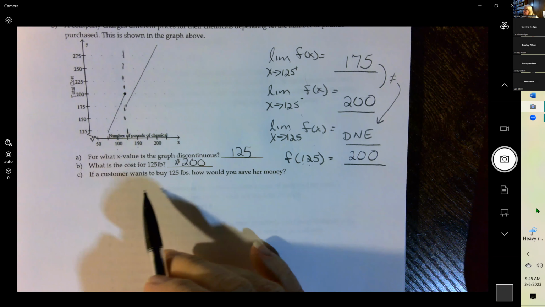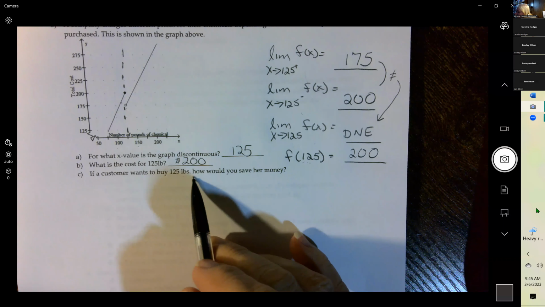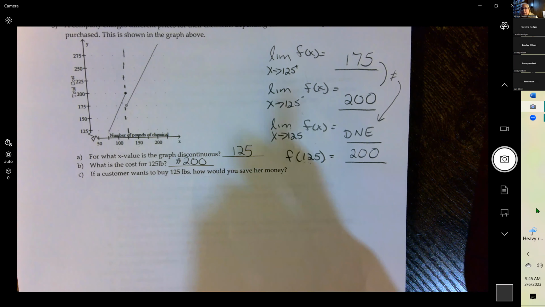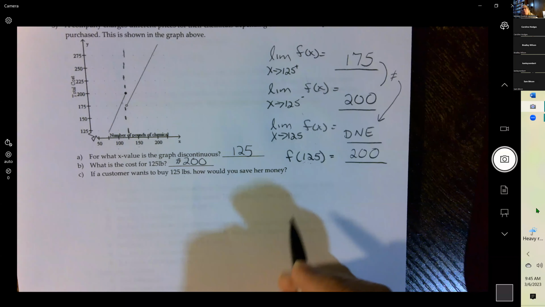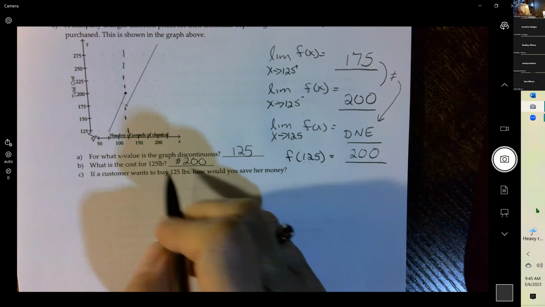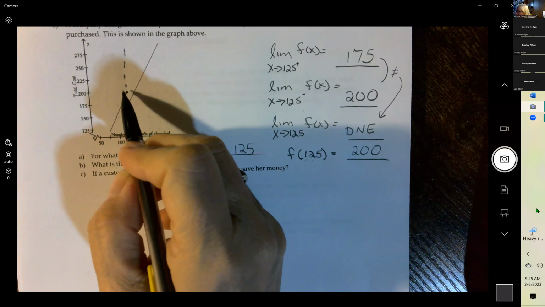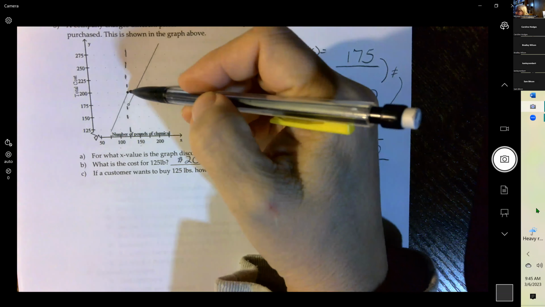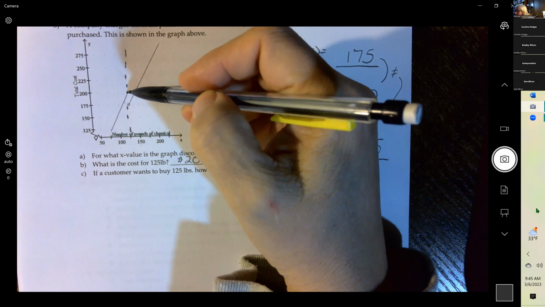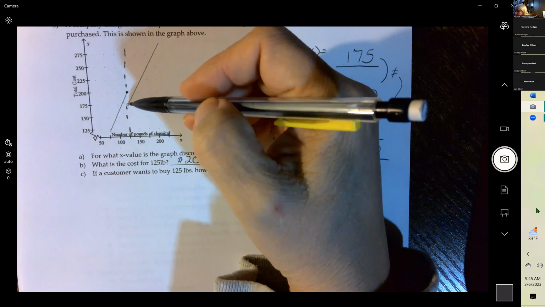If a customer wants to buy 125 pounds, how would you save her money? A couple ways we can do that. Well, to save her money, 125 pounds is shaded in. If we go a little bit larger, it drops.